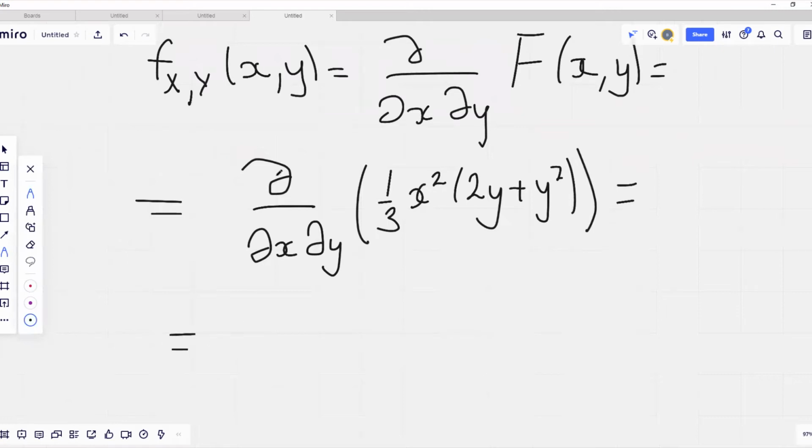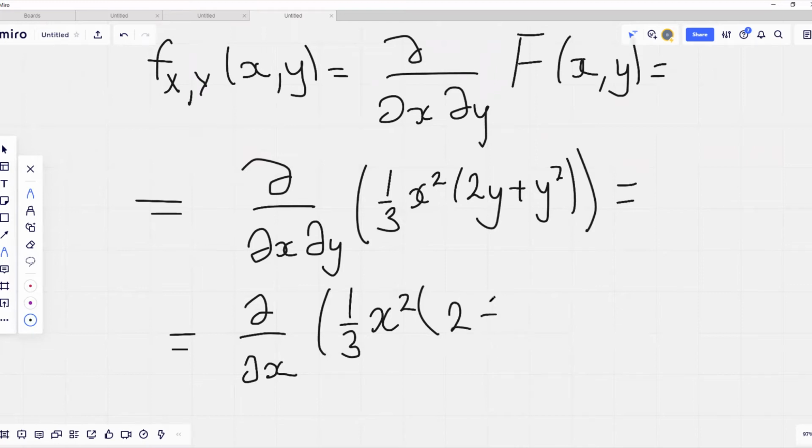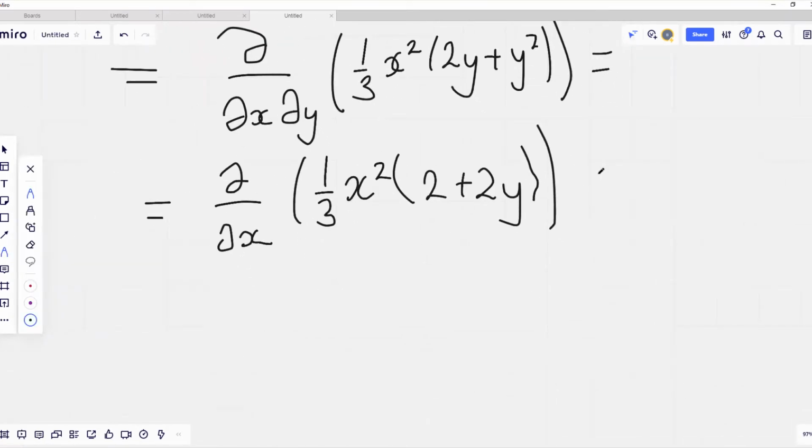First, we take the partial derivative d dy. Holding x as constant, we'll get 2 plus 2y. Now we are taking the partial derivative d dx.